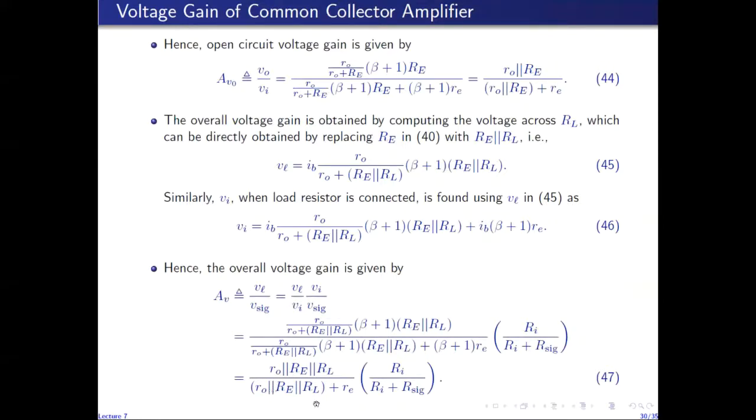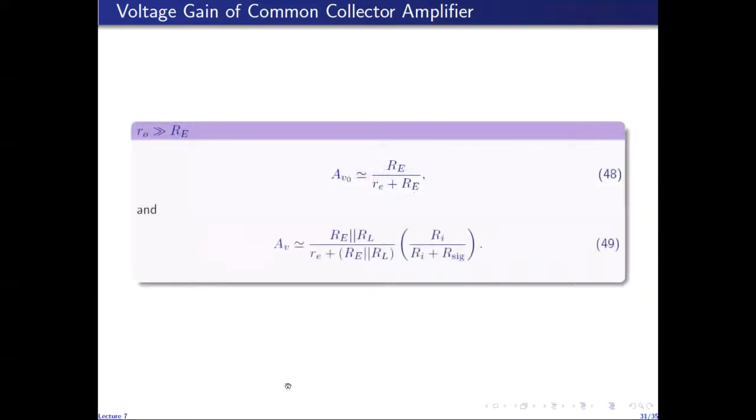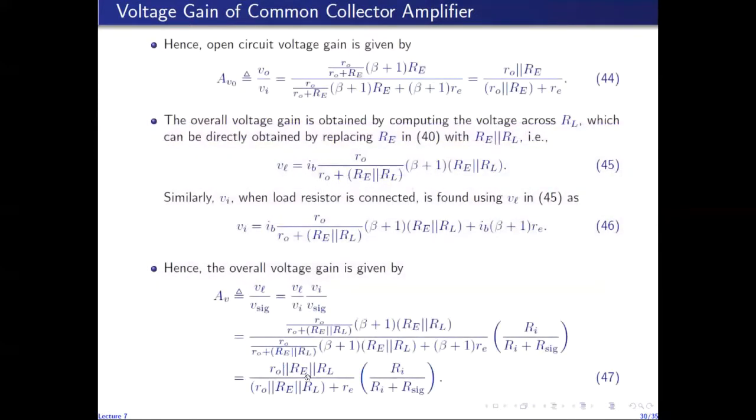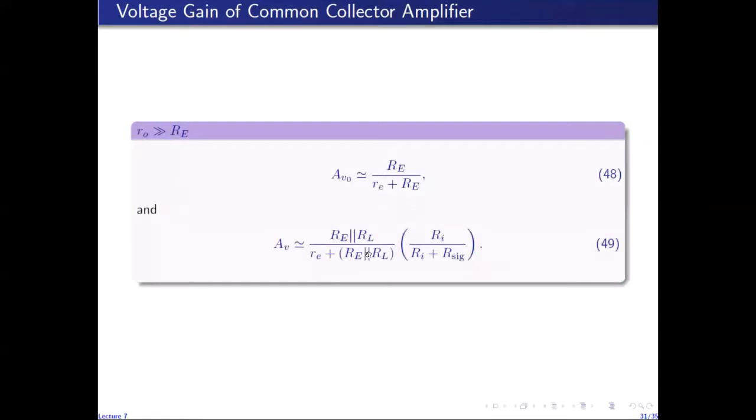So the loaded gain reduces to this approximate expression, in which R naught has been ignored because it is much larger than capital R. So these are the more commonly encountered expressions for the open circuit as well as the overall voltage gain of a common collector amplifier.